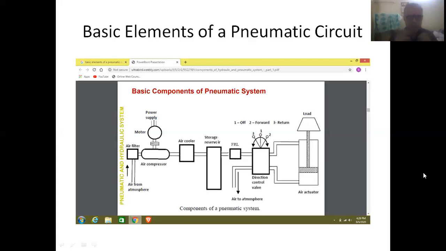Now, as the name itself implies, this last element, namely the lubricator, is used for mixing air and lubricating oil before it is sent into the cylinder. Lubrication is very essential for moving the piston inside the cylinder, otherwise a lot of heat will be developed inside the cylinder.